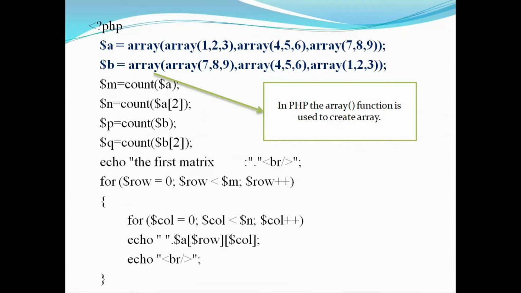Here initially we created a first array, and the array's elements will be assigned to a variable, that is $a is equal to array, whatever array elements we have created. Likewise, we created one more array variable and assigned those values to the variable b. Now, the variables a and b are the two array variables.